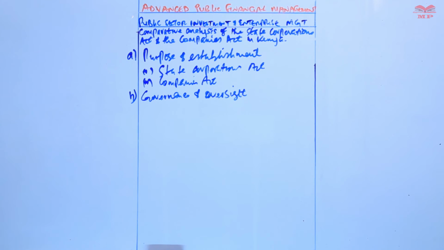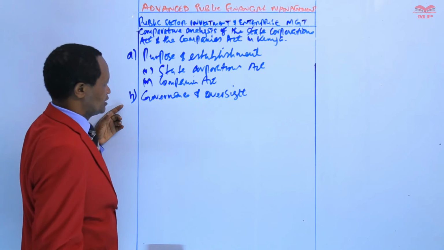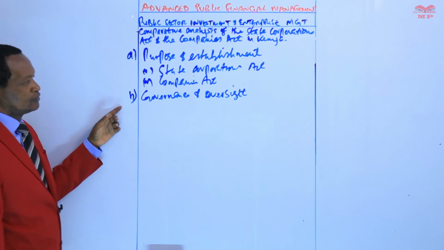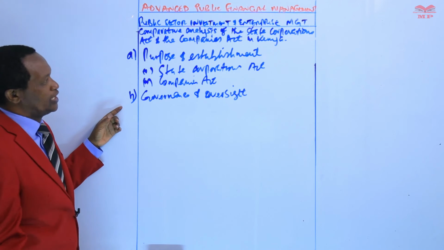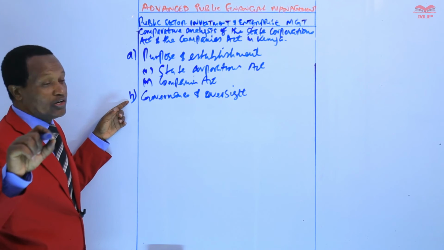So the composition of the board of state corporations is often influenced by government appointments. So we are analyzing these two acts on the basis of governance and oversight.